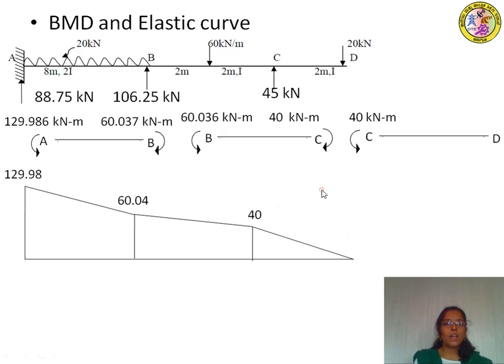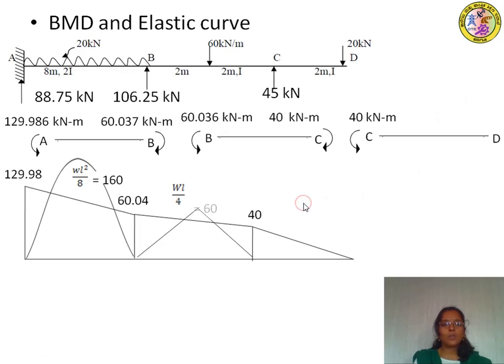The free bending moment diagram for the AB member is a parabola because it is subjected to UDL throughout. Its highest magnitude is calculated using WL squared by 8, which will be equal to 160 kilonewton meter, and this ordinate will occur at the midspan. BC is subjected to a central point load, therefore the free bending moment diagram is a triangle with the highest ordinate WL by 4.